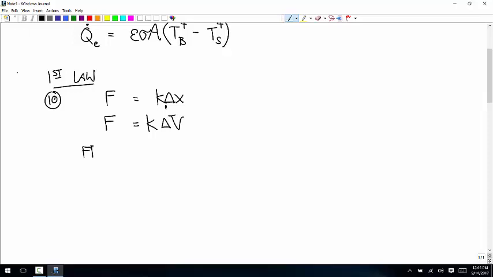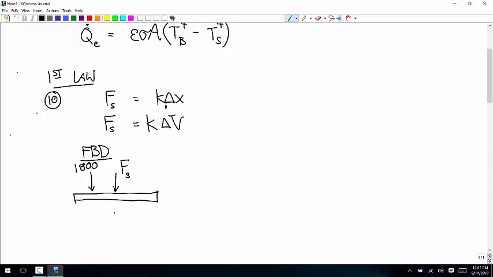So, a free body diagram of the piston. We have the force coming down from the spring, I'll call that F sub S. And we have an atmospheric pressure of 100 kilopascals times the cross-sectional area, so the atmospheric force is 1800.